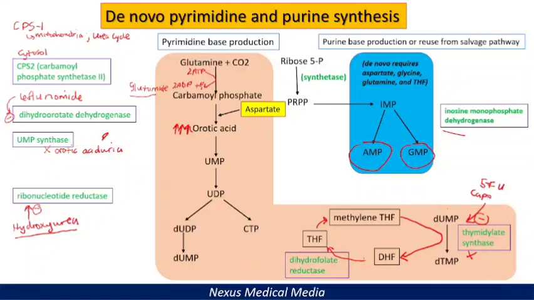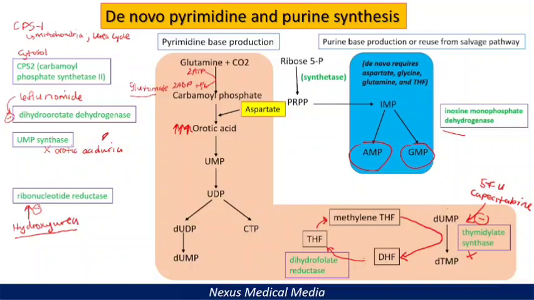So these two drugs, 5-fluorouracil and the prodrug capecitabine, will inhibit thymidylate synthase.